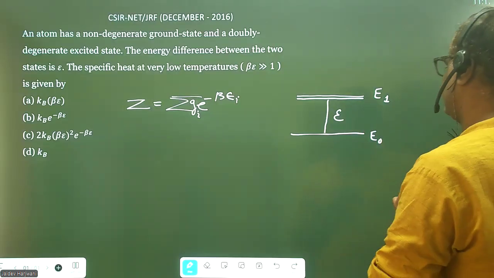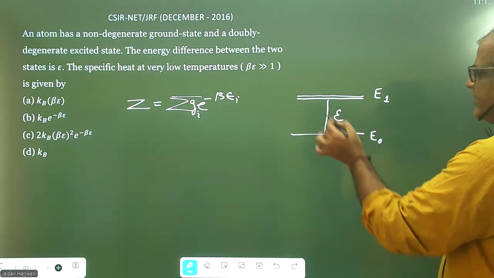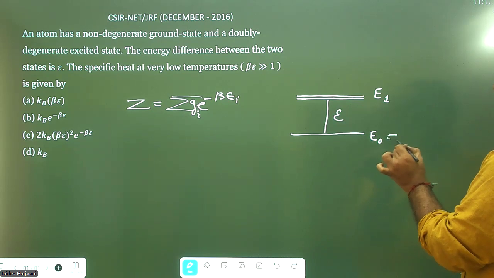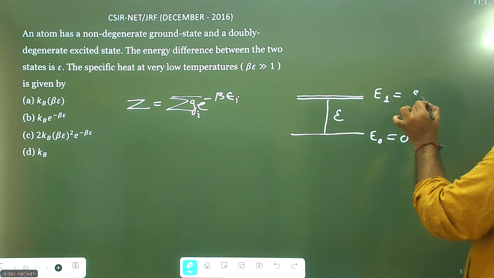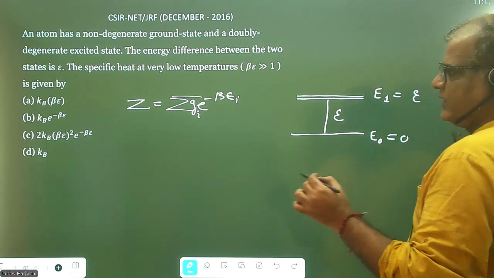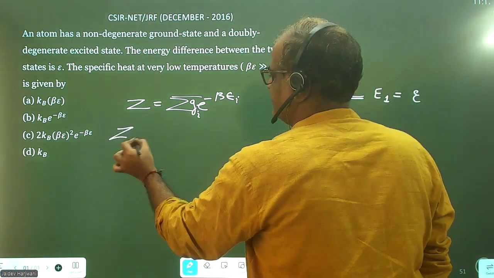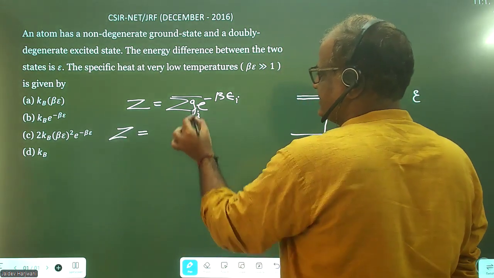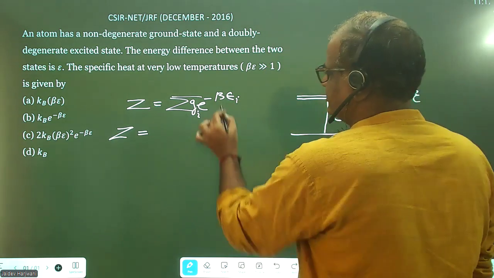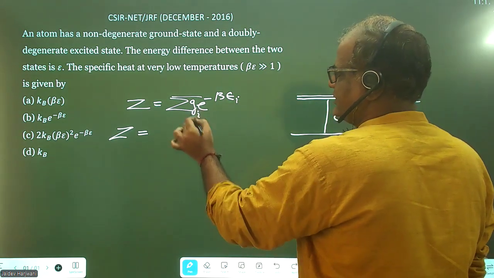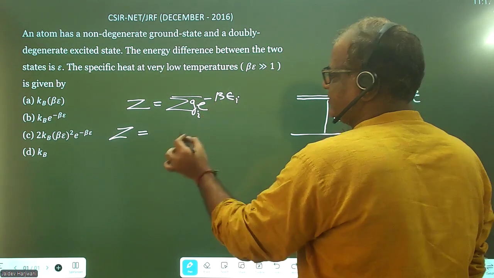Now this makes things simpler. I can say my E0 is 0. Automatically my E1 becomes energy E, and now I can write the partition function. The first energy is 0, the ground state, and it is non-degenerate, so this becomes 1.